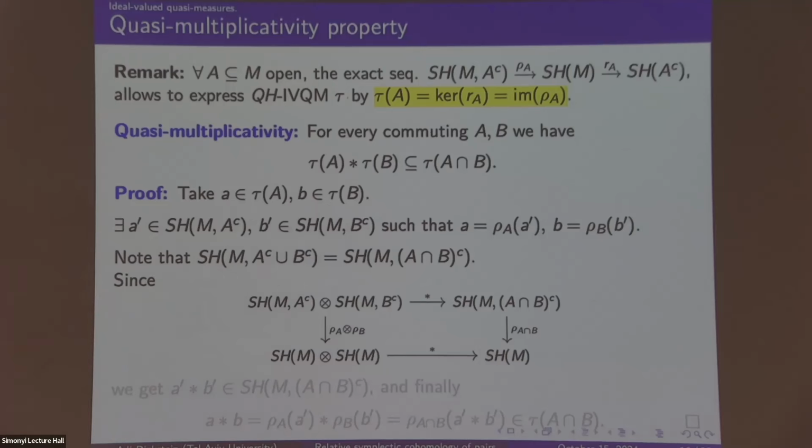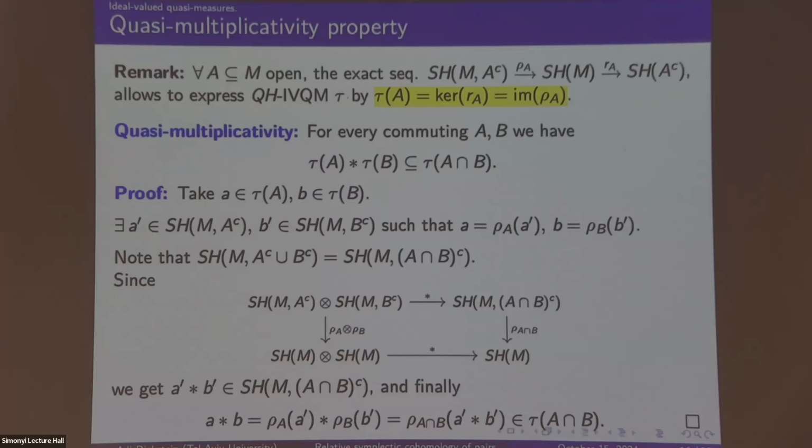Okay, and using our commutative square, we get that the product of A prime with B prime lies in SH of M comma the complement of the intersection.